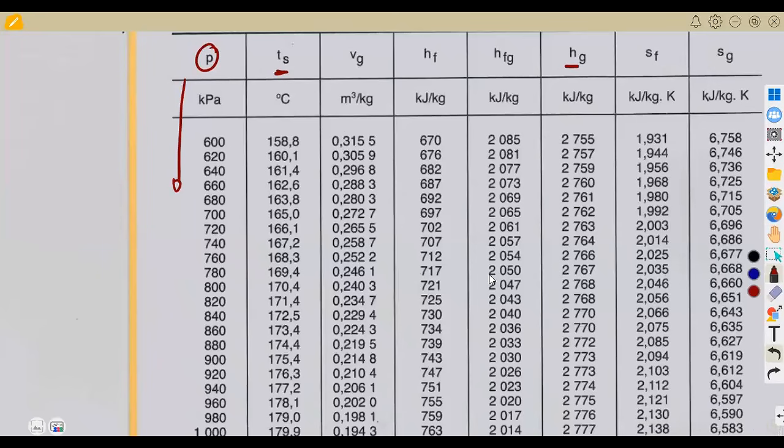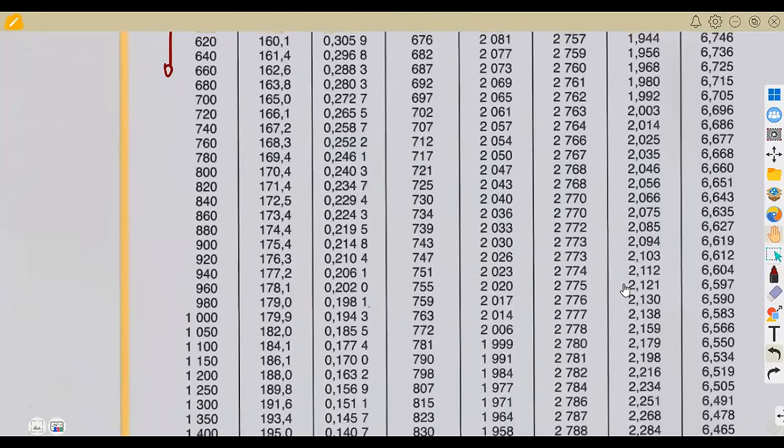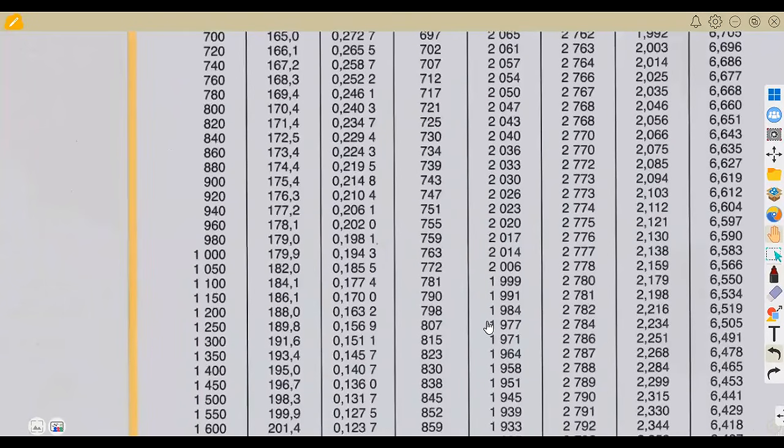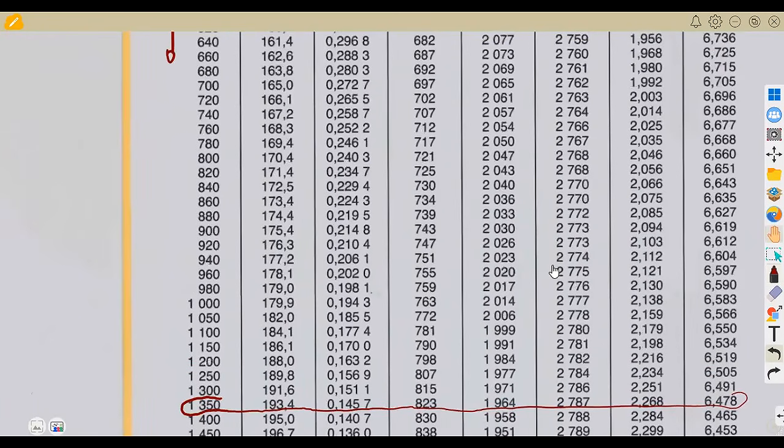Remember, we said Hg and Ts, all right? So where is 1350? This is 1350 here under the pressure. So you're going to take under the pressure 1350. That is where we need our values here.